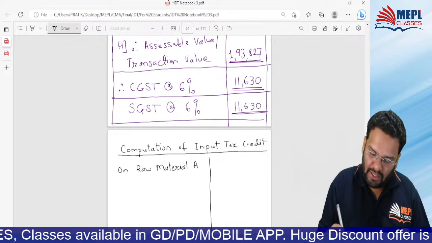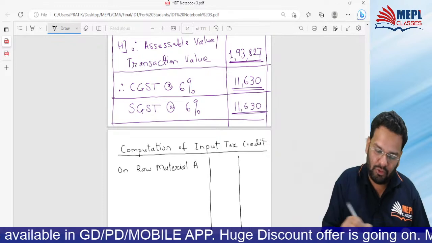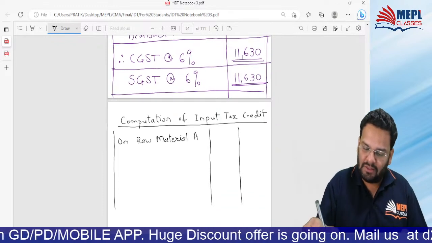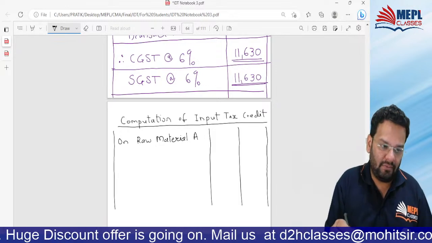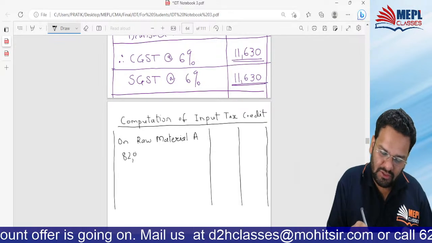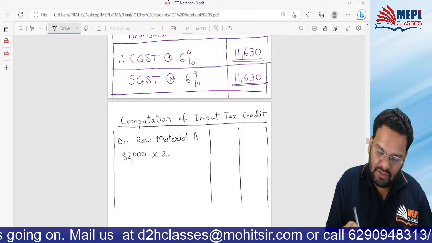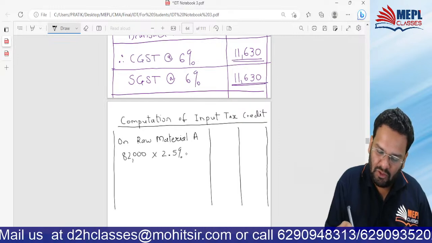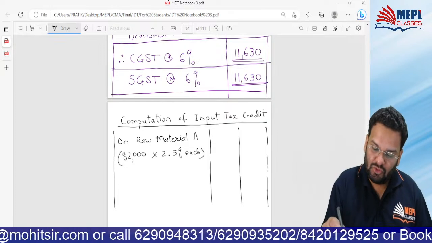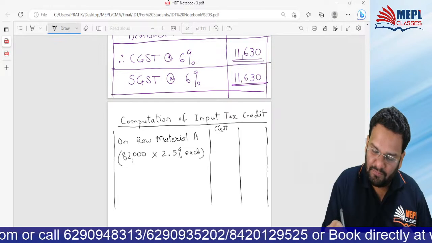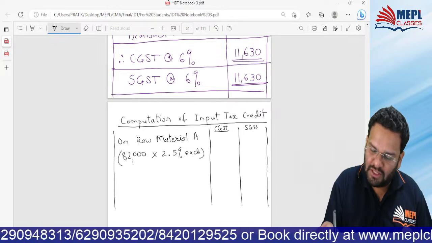Okay, see, if you know that there is CGST and SGST both, you can do like this. So on raw material A, you know now that purchase cost is 82,000 and GST totally was 5%. So 2.5% each. So what is going to be CGST and what is going to be SGST?